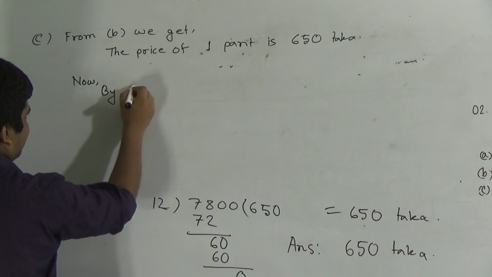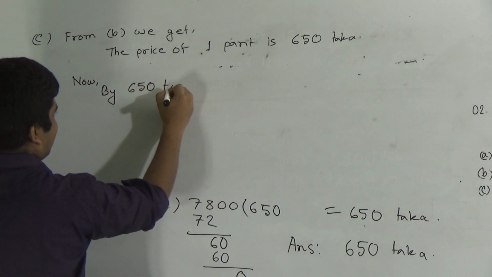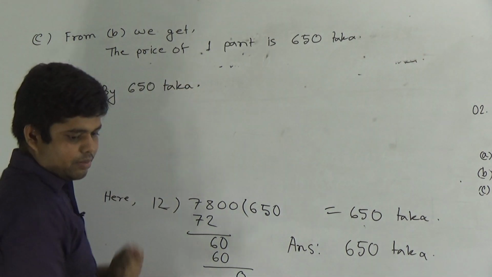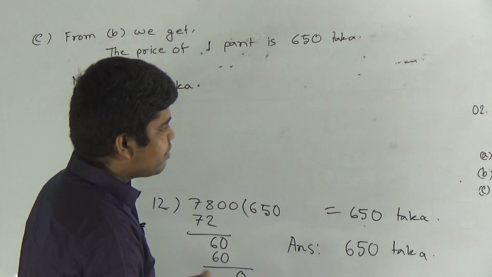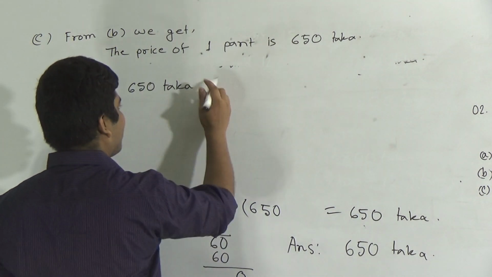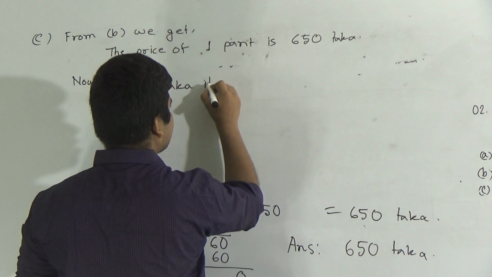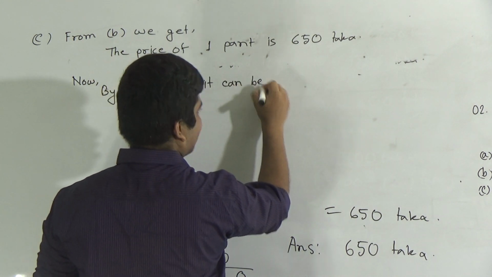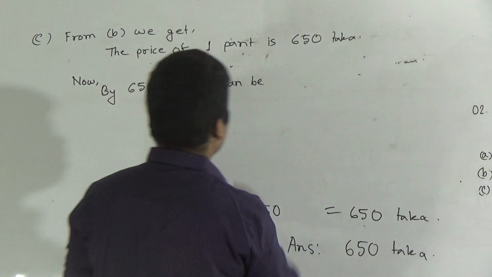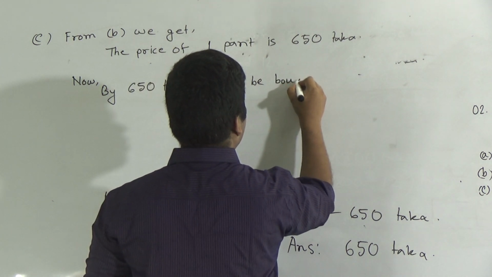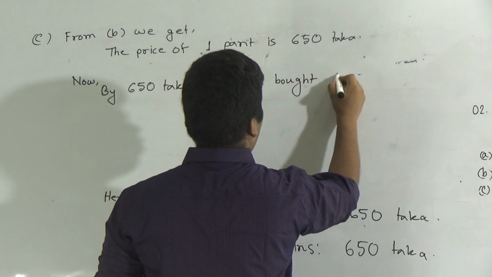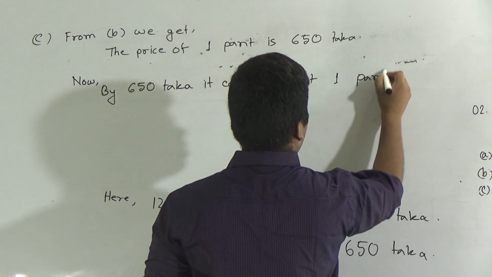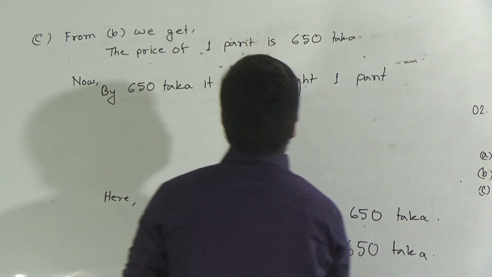By 650 taka, by 650 taka it can be bought one pant.